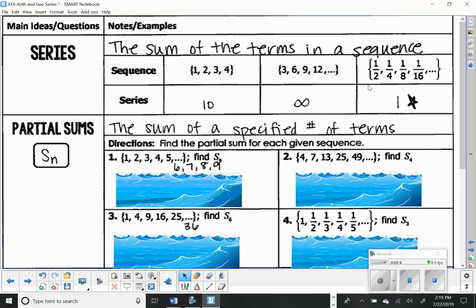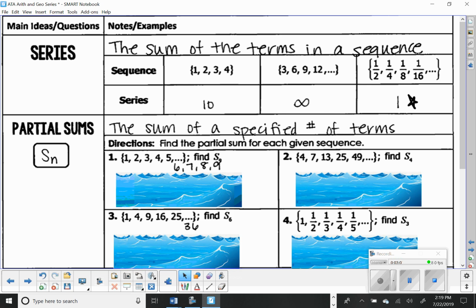Now, if it says, like here, to find S sub 9, finding S sub 9 says I start at 1 and I go to 9. If I don't give you a starting point, you're starting at S sub 1. Okay? So, for these, if it says S sub 9, notice here I had to finish out the sequence before I could add them all together.